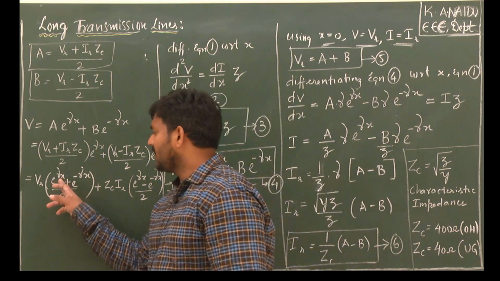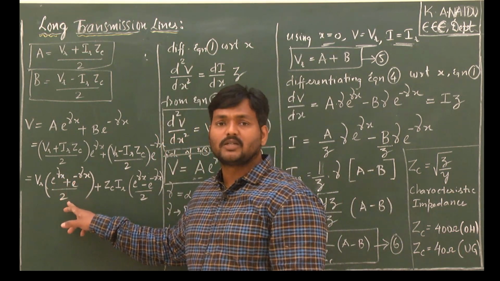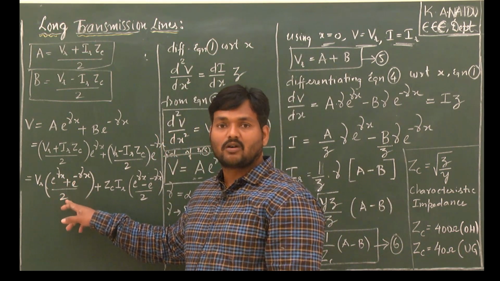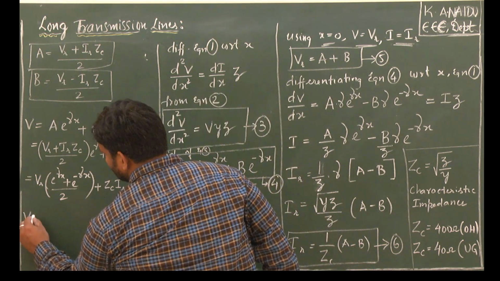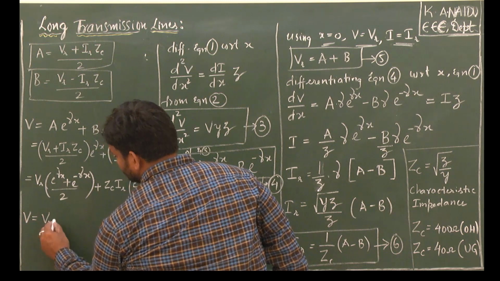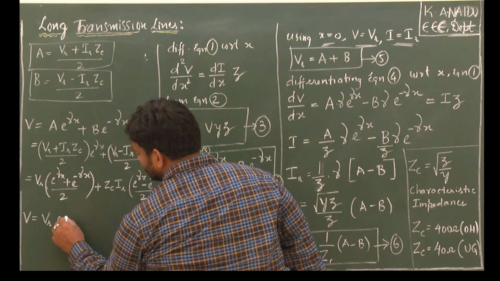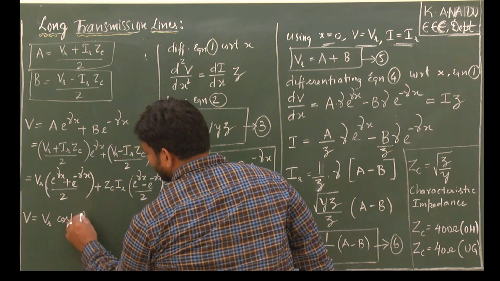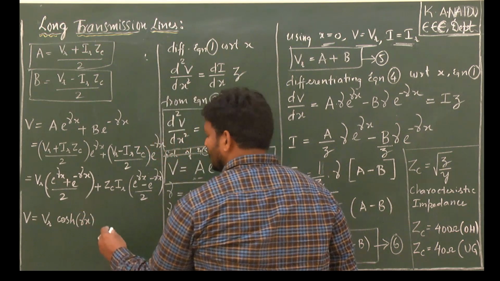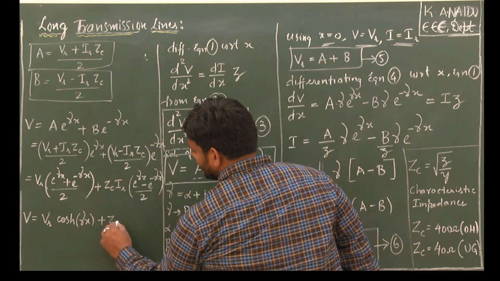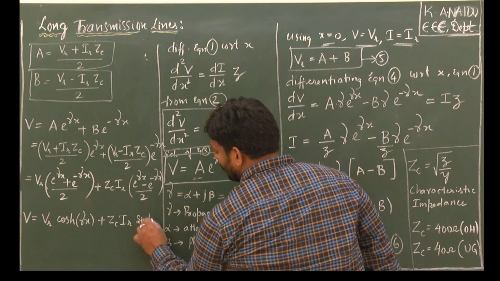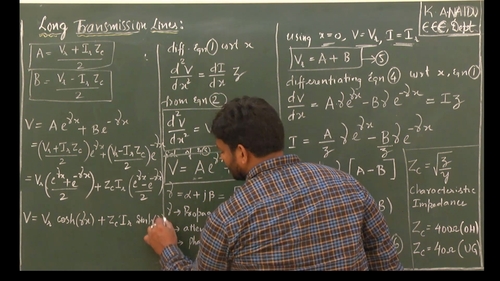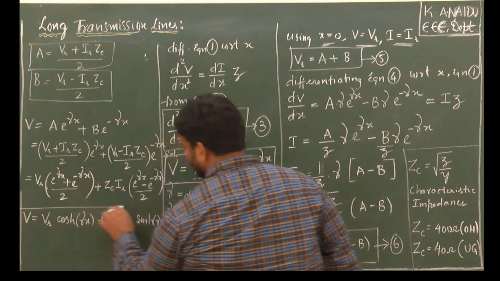What is (e power gamma x plus e power minus gamma x) by 2? It is a hyperbolic function, cos h of gamma x. Therefore, V is equal to VR into cos h of gamma x plus ZC into IR sin h of gamma x. So this is one important equation.